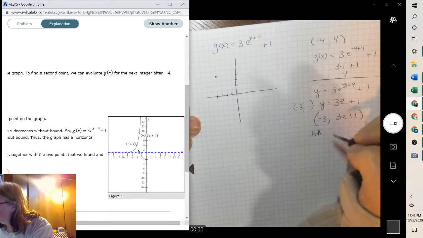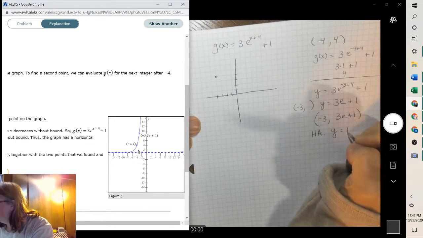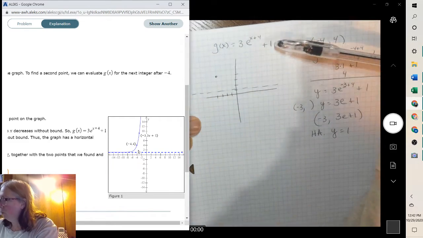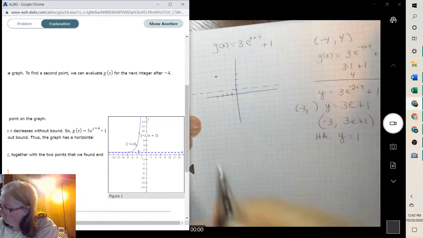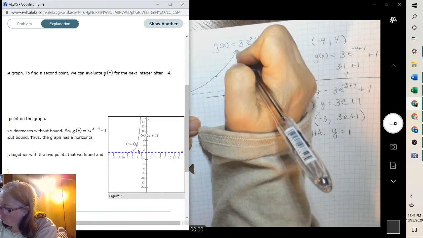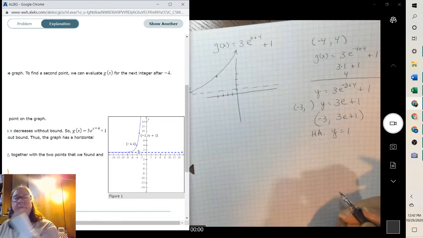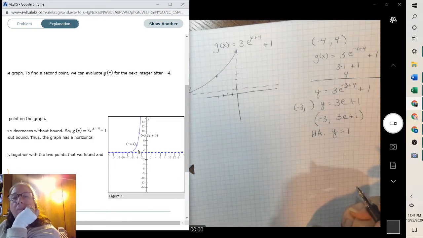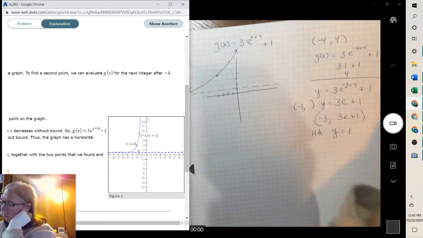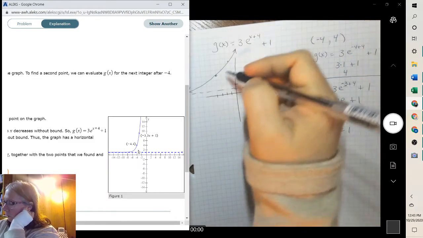Let me draw my asymptote first. It's at 1 because this moved up 1. And then it's going to go like this. Theirs is a little stronger than mine because I didn't plot that other point, but still the same graph, and it's going to go up.